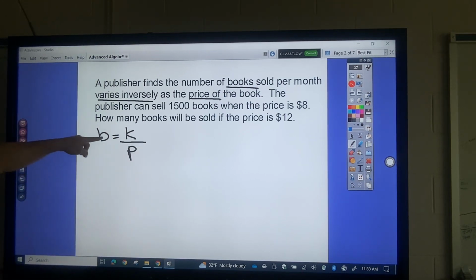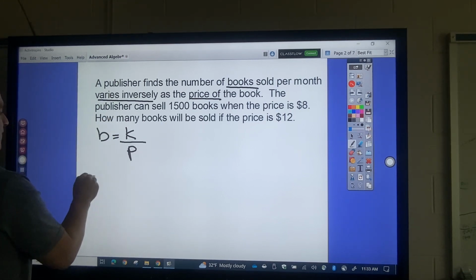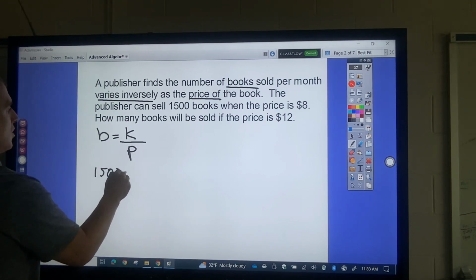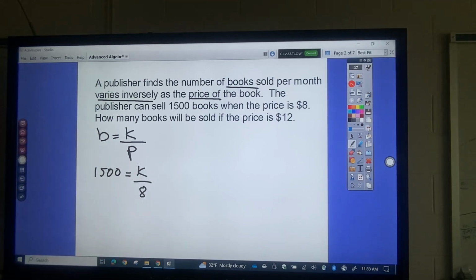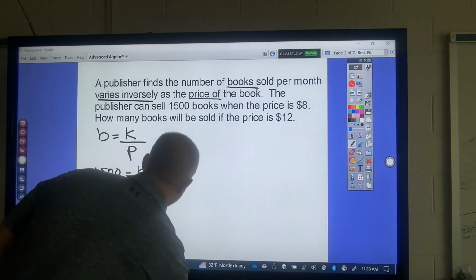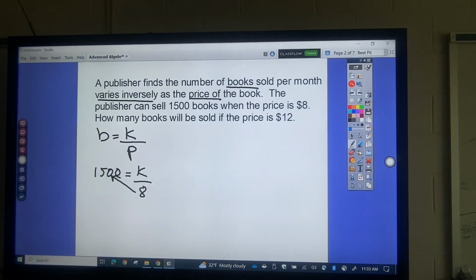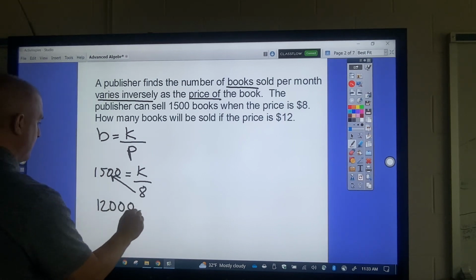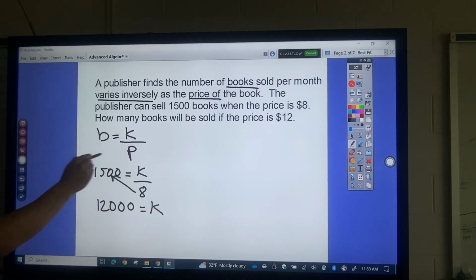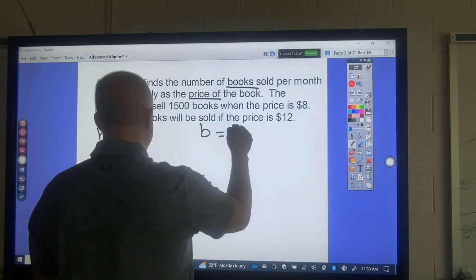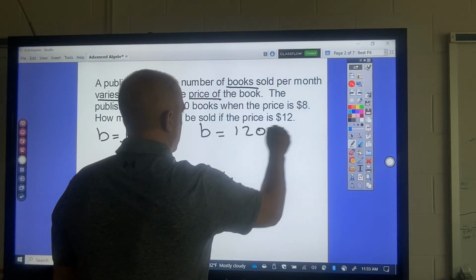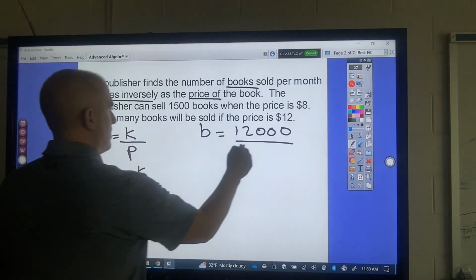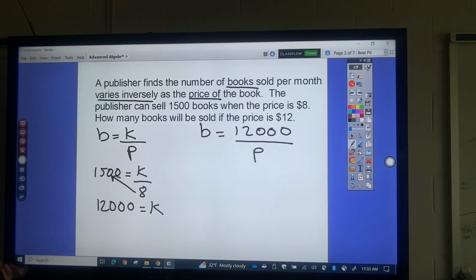The publisher can sell 1,500 books when the price is $8. So I want to cross multiply that up. 1,500 times 8 is 12,000, and that equals k. Now I'm going to rewrite this problem with my new k.